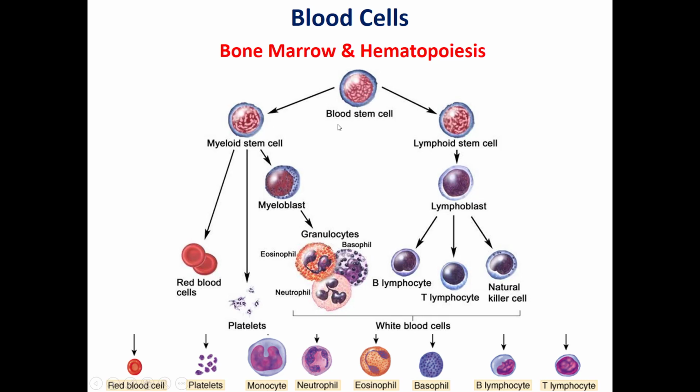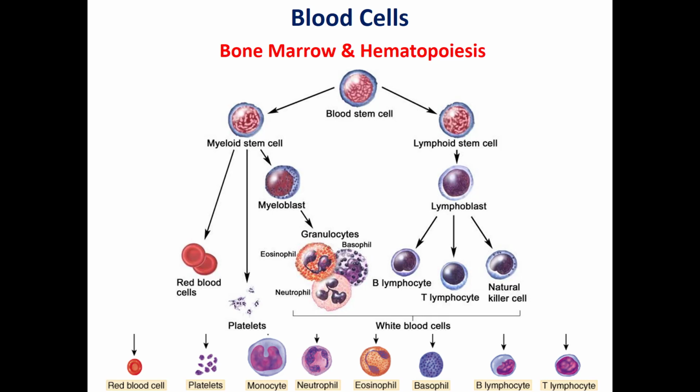This cell is called a hemocytoblast. This hemocytoblast will first be differentiated, then matured, and finally become functional as a blood cell, for example a red blood cell, a platelet, or a white blood cell.